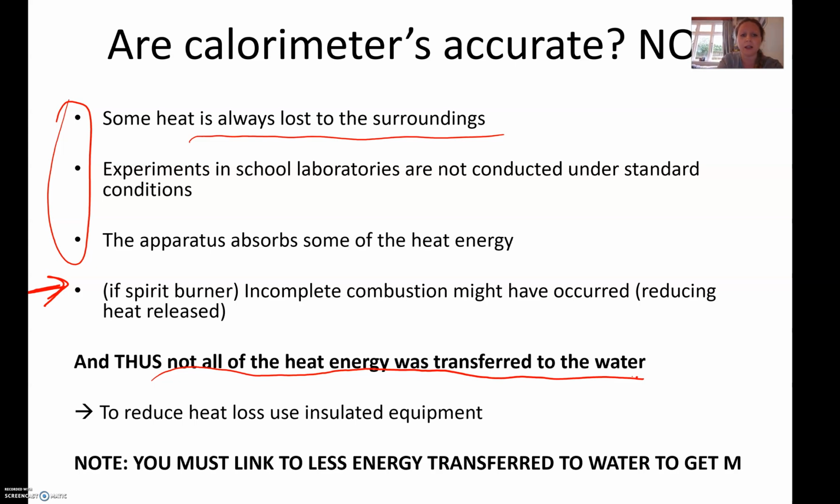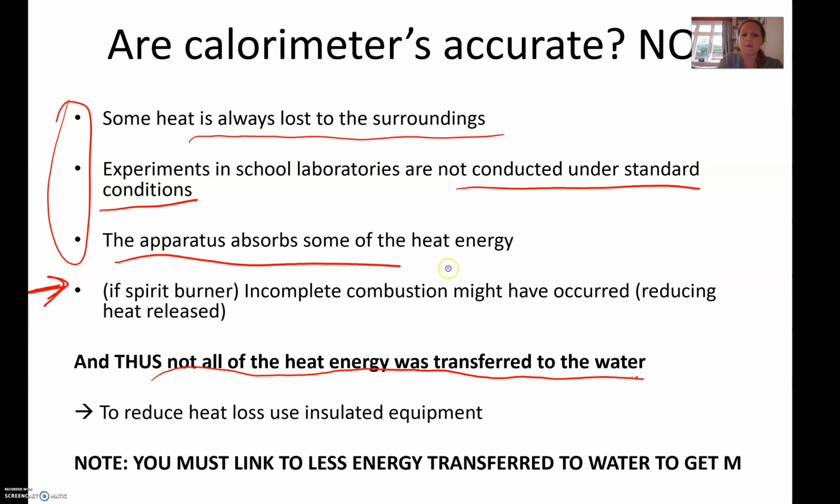The second one, experiments in school laboratories are not conducted under standard conditions, because we can't always achieve standard conditions, and therefore we wouldn't have the right energy being transferred to the water.